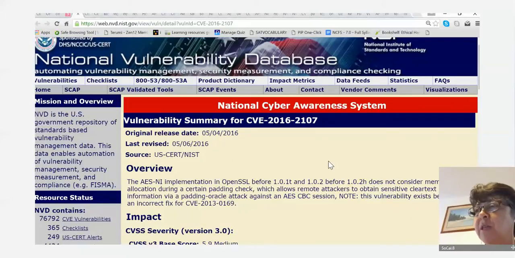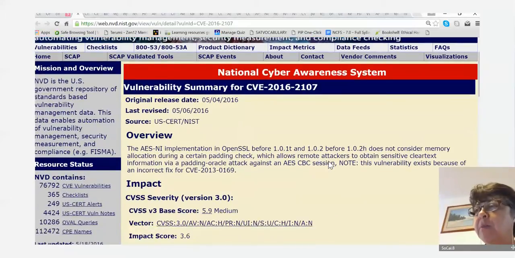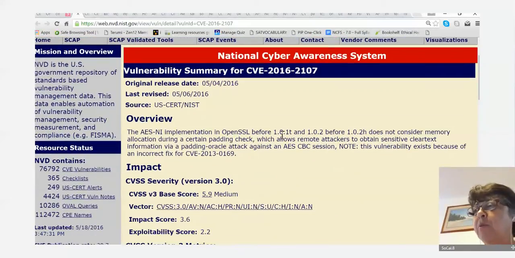If you read this, it says the AES-NI implementation in OpenSSL before 1.0.1 does not consider memory allocation during a certain padding check, which allows a remote attacker to obtain sensitive clear text information via a padding oracle attack. What's interesting is what comes after in the notes: this vulnerability exists because of an incorrect fix for CVE 2013-0169.